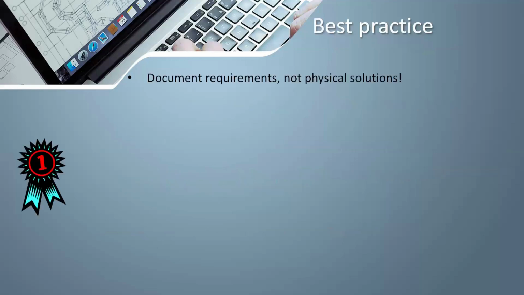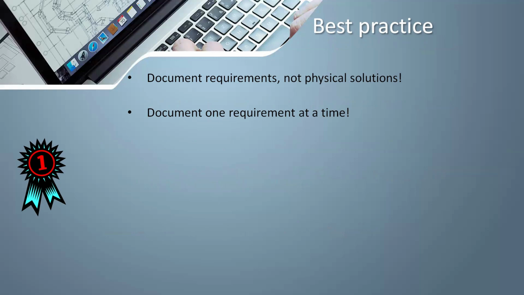So document requirements, not the physical solution. As a business analyst, your job is to document the requirements, not the physical solution. As I said, what the requirements are, not how. Not how it will be developed, but what needs to be developed.